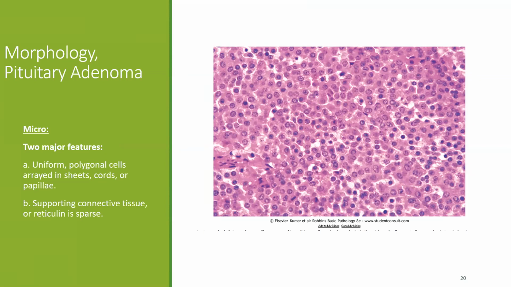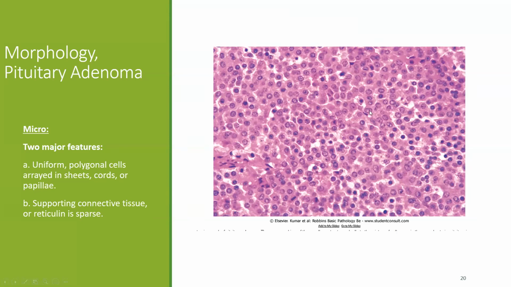Sometimes it shows sheets, sometimes cords, sometimes a tubular structure, sometimes papillary-like formation. So it's just uniform cells, and the architecture is different. What you need to remember also, the second important factor in adenomas, is that the supporting connective tissue is very sparse.